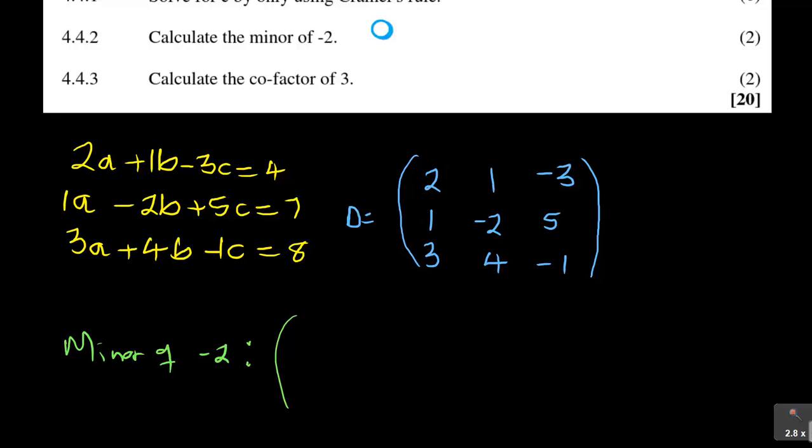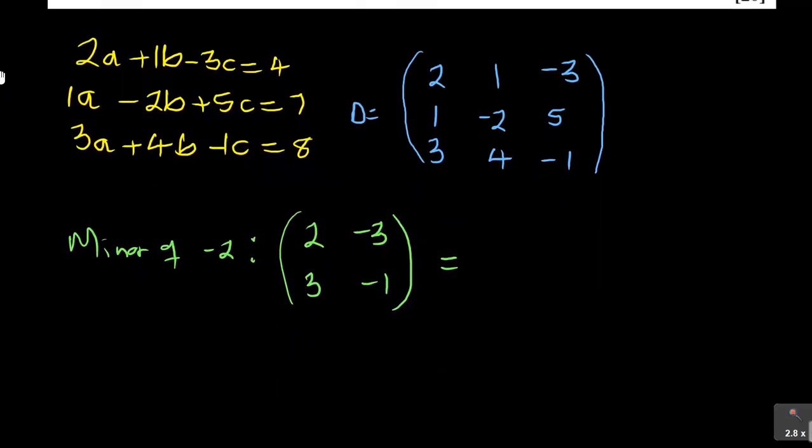So you are going to have 2, 3, minus 3, minus 1, and when you evaluate that, remember how you multiply. You multiply these, which is 2 times minus 1, then minus, and you multiply these, which is 3 times minus 3. That's how you actually evaluate it.